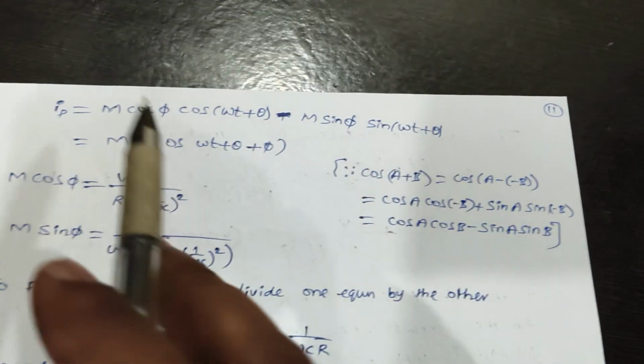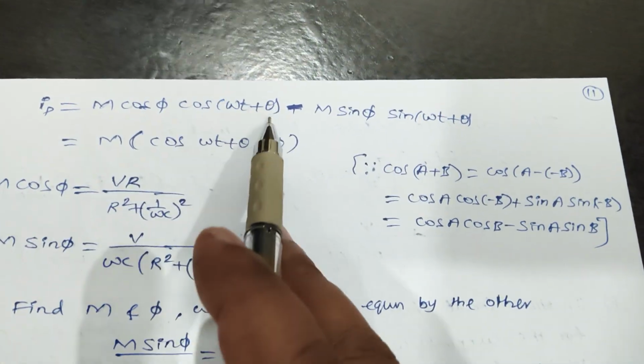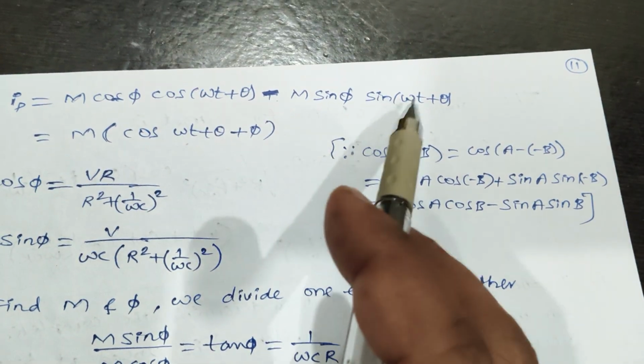like this. So by assuming that, m cos phi cos omega t plus theta minus m sin phi sin omega t plus theta.